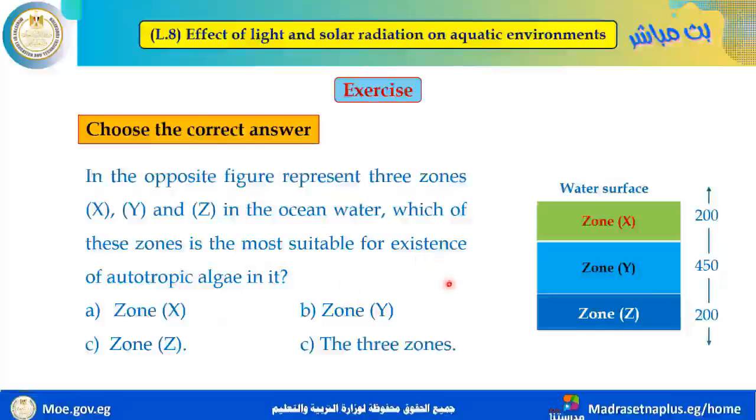So which one will be suitable for the autotrophic algae? That's right, excellent. It is zone X, which is the first layer of the water surface where we can find available light for the photosynthesis process.